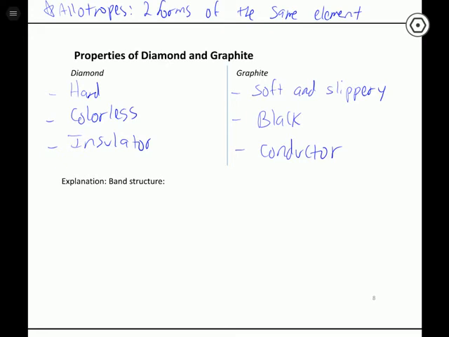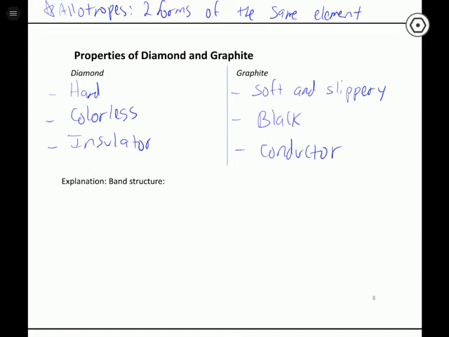Now the hardness we talked about in regards to how the bonds are held together. So diamond is all sp3 sigma bonds, so they're very rigid, very held in place. And we talked about the reason that graphite is slippery is because the individual layers are held together by intermolecular forces that are pretty weak. So that property comes pretty easily. But to understand the color and the electrical conductivity differences, we have to talk about what's called the band structure.